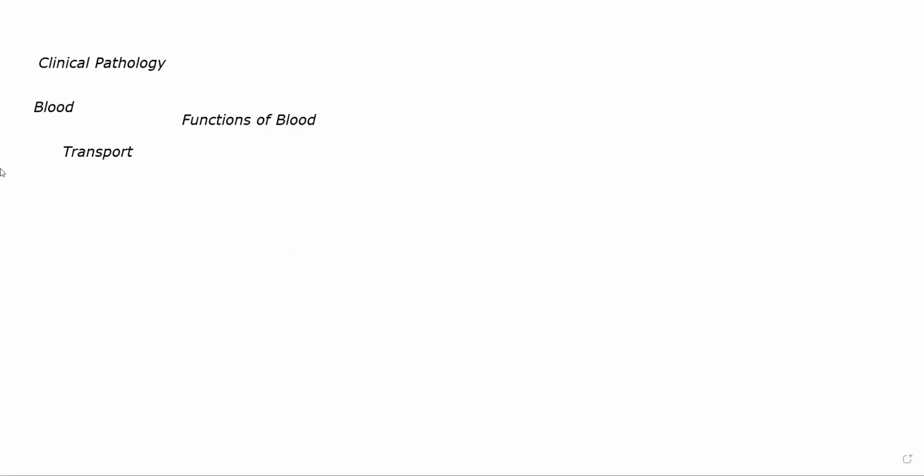Okay, fine, let's take transport. What is your blood transporting? What does your blood transport? Your voices are very low. There is either a problem in my receiver or my volume was very low. What does blood transport?